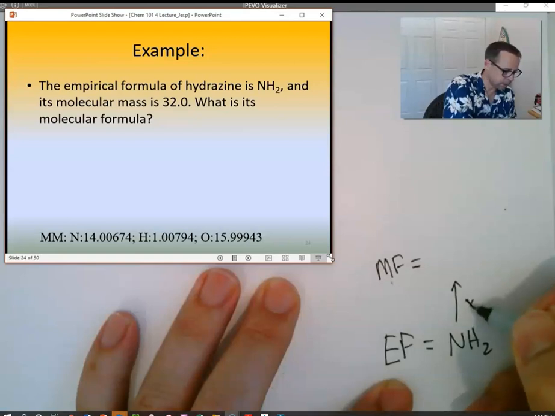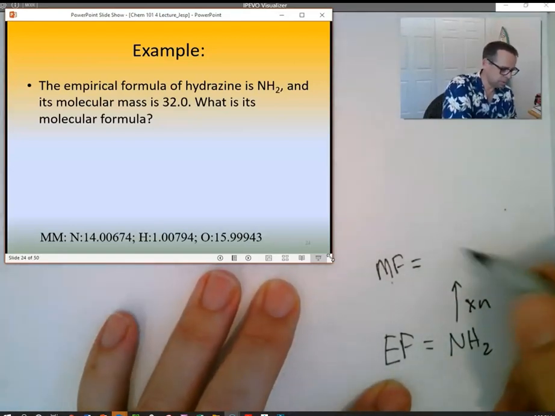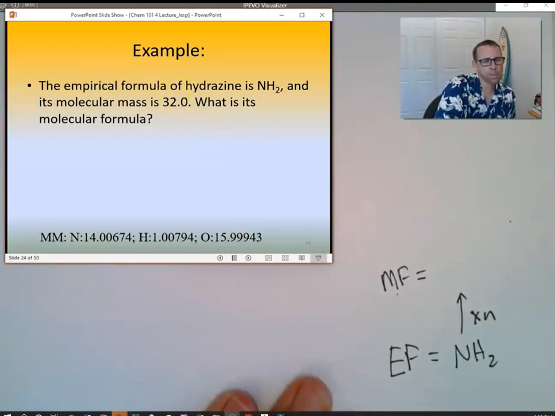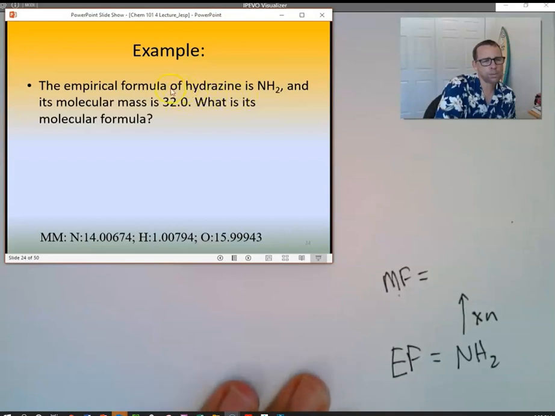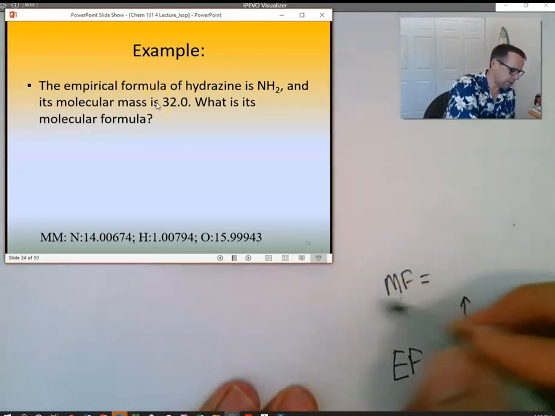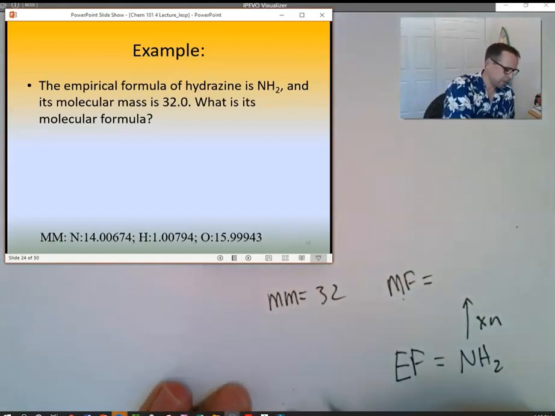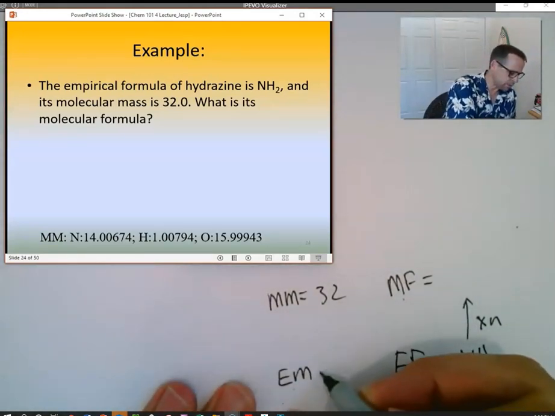But we don't know what that multiplier is, all right? Now we know the relationship between the empirical mass and the molecular mass. 32 is the molecular mass, right? So our molecular mass, we're told, is 32, but how do we get our empirical mass? What is our empirical mass?